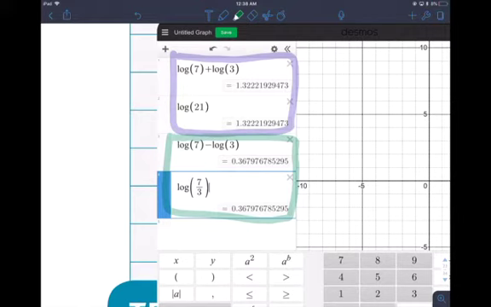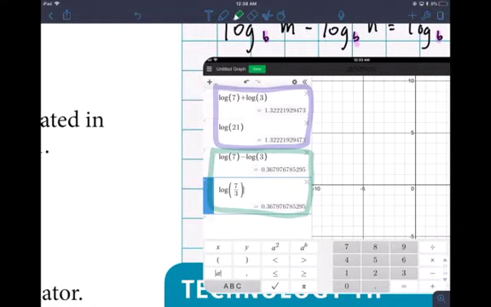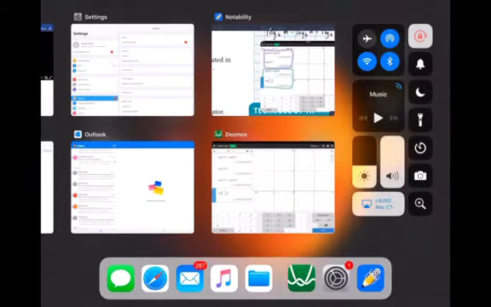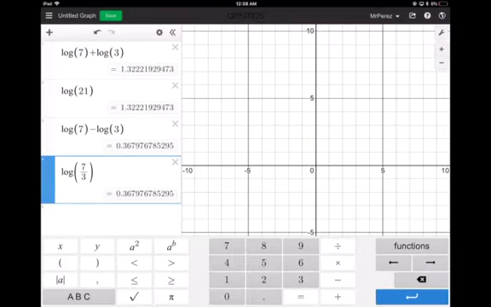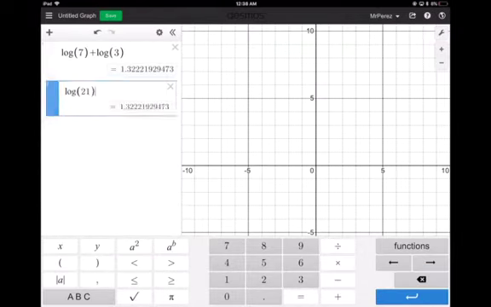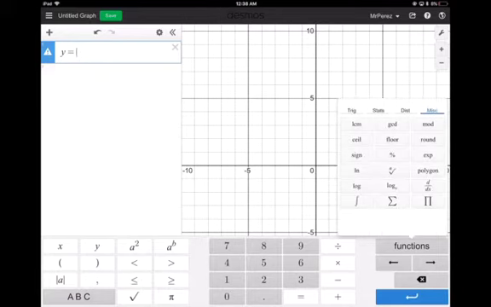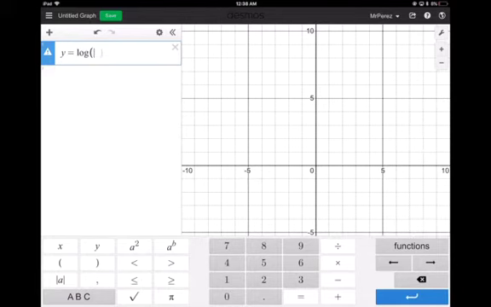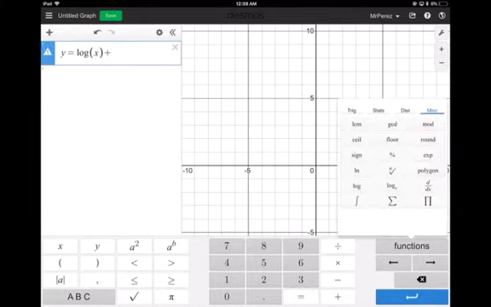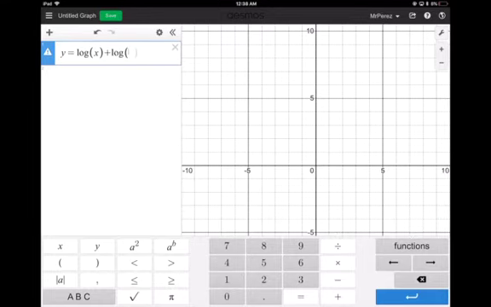Okay. One more thing I want to do, I want to show you the same thing with a graph. Notice that I'm going to have an equation: y is equal to log of x plus log of 5.